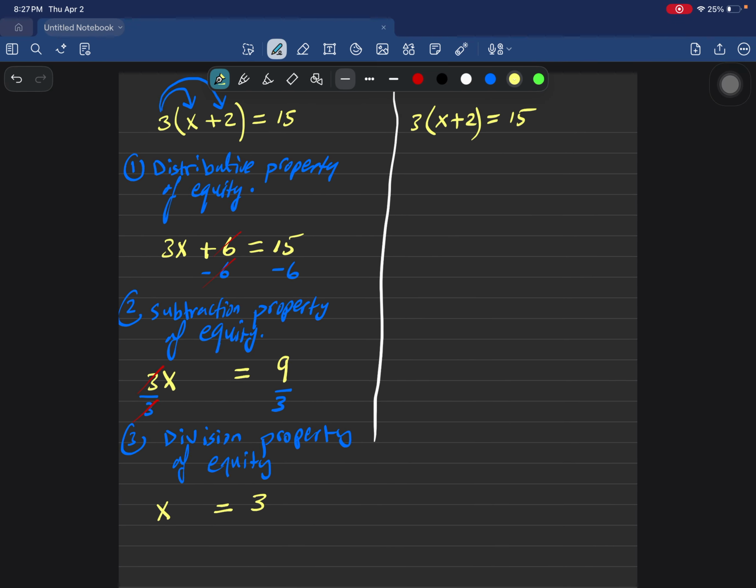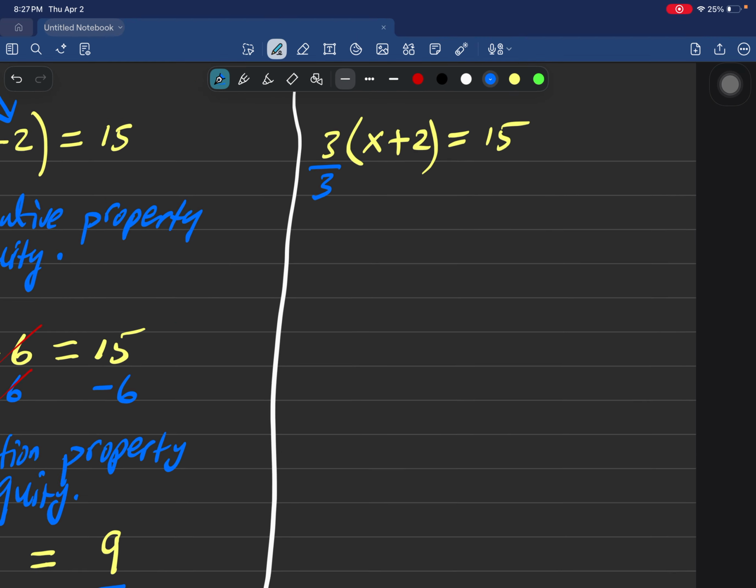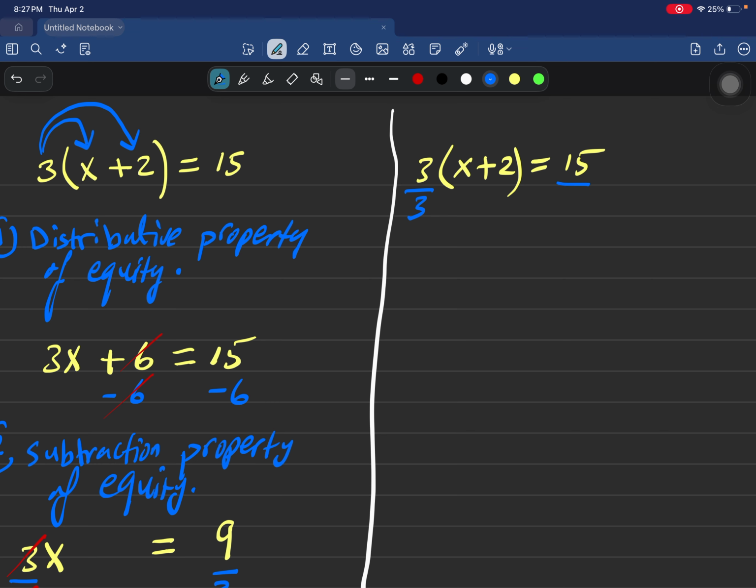This is the first method to solve the problem. Let's go see the second method. In the second method, we can divide this side by 3, and this side we can divide by 3. Of course, we call this property the division property of equity.